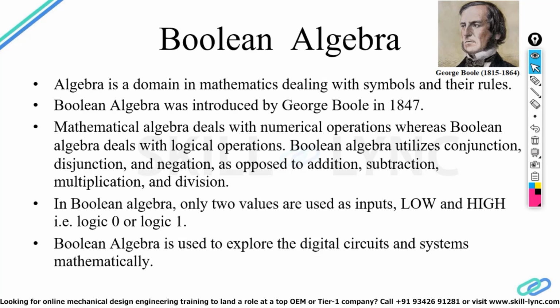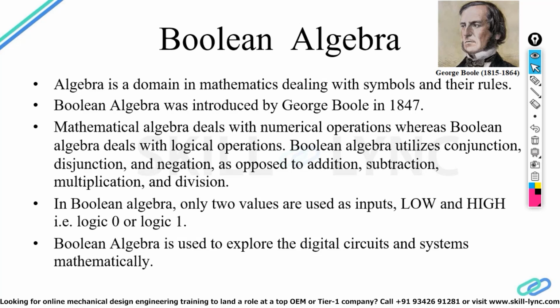So how is Boolean algebra different from mathematical algebra? Mathematical algebra deals with numerical operations, whereas Boolean expressions are dealt with by Boolean algebra, meaning Boolean algebra deals with logical operations. Mathematical algebra: numerical operations; Boolean algebra: logical operations, just like disjunction, conjunction, negation.